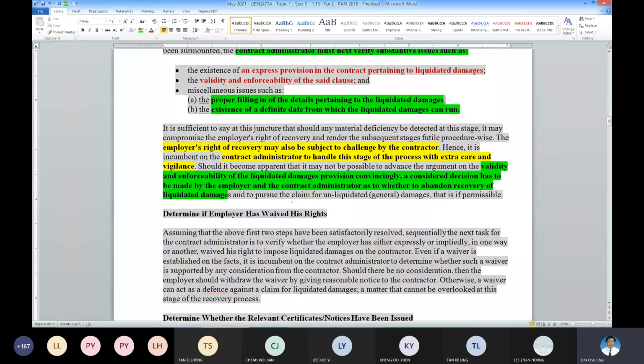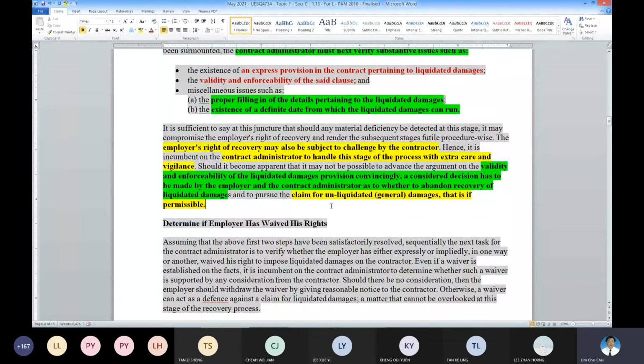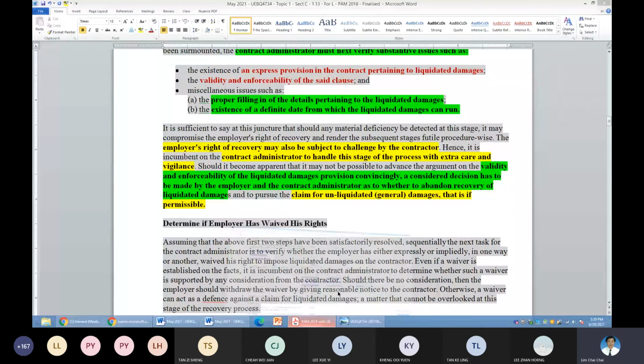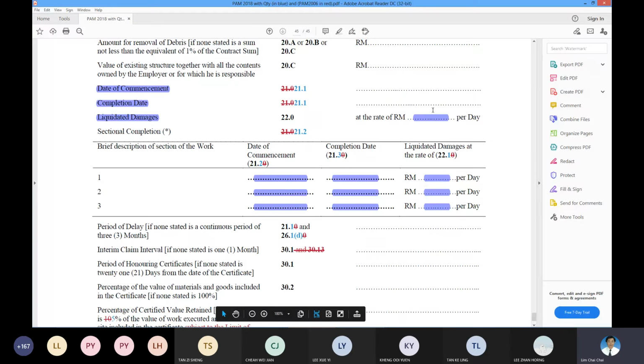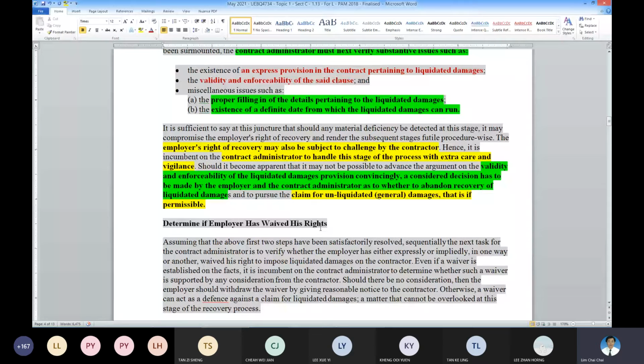So you can see what we are dealing with is a contractual provision. Sometimes the contractual provision, for example here, the employer forgot to put a figure. So contractually, the LD to be imposed here is nothing. So contractually it is zero. But then, under common law, you will claim for UD.